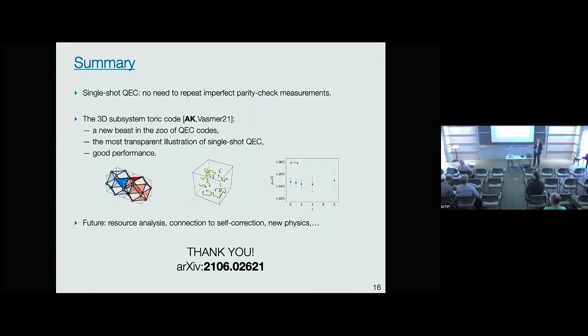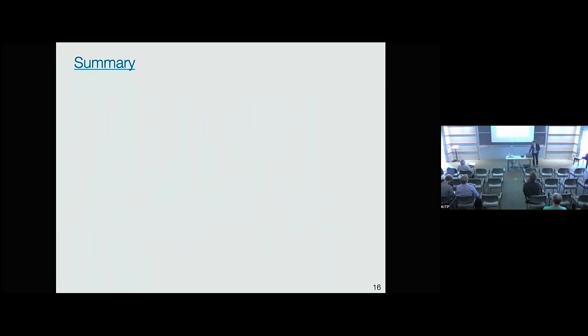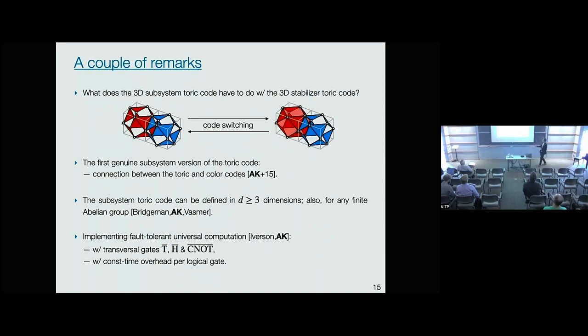I was wondering if you could say a little more about how the transversal universal gate set doesn't conflict. Thanks for this question, because it allows me to clarify an item that I didn't have a chance to talk about. The way you avoid the Eastin-Knill no-go theorem is that you change the code.